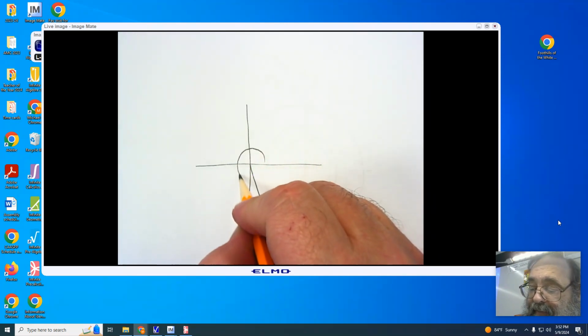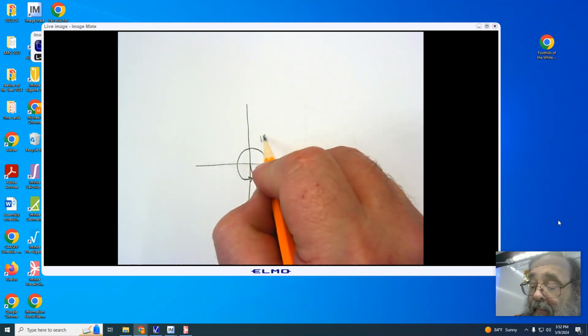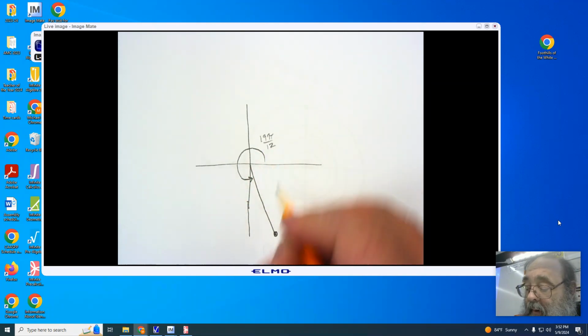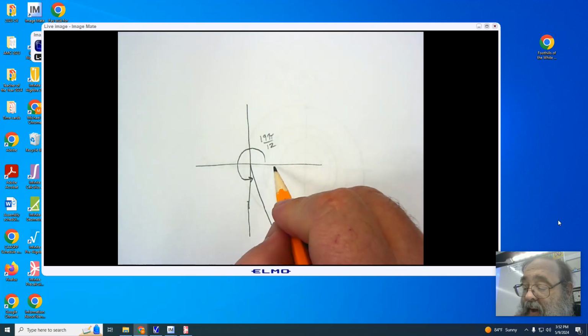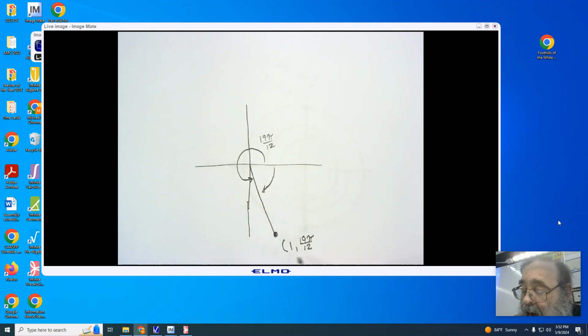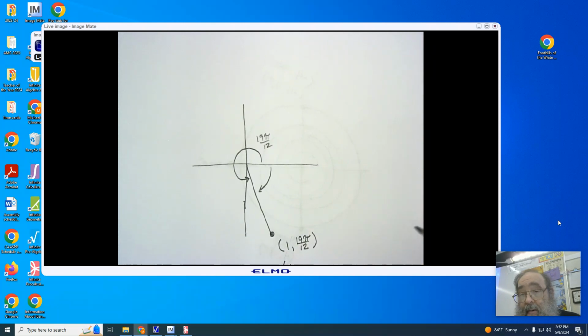I just found 1, 19 pi over 12. If I go in the other direction, I need to get to 24 pi over 12. You'll notice that's 5 pi over 12 away, so minus 5 pi over 12.